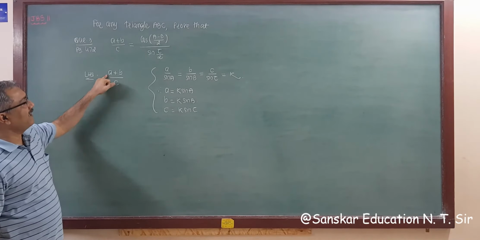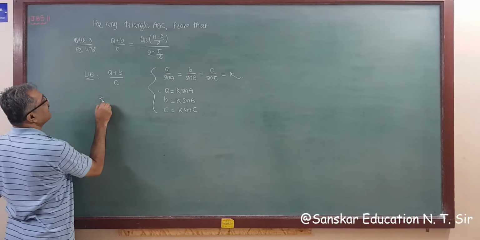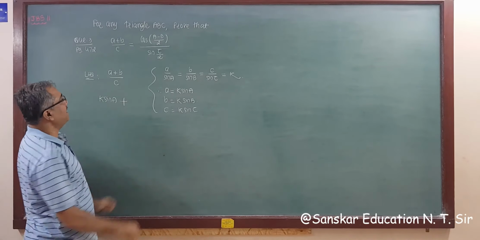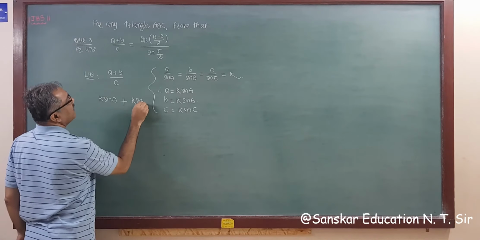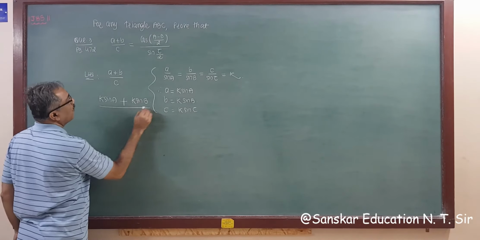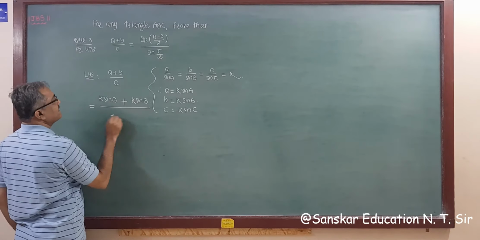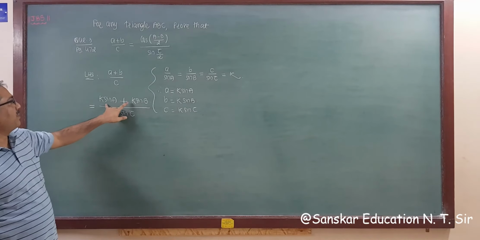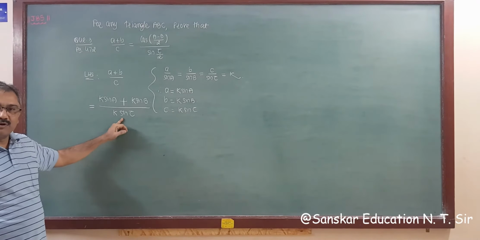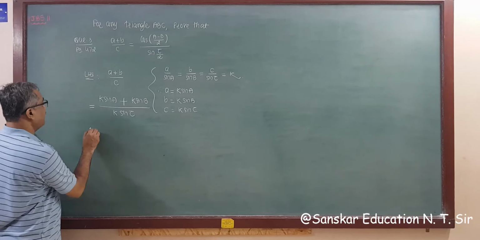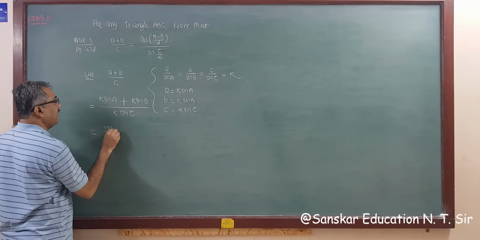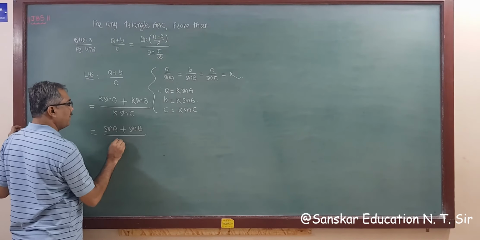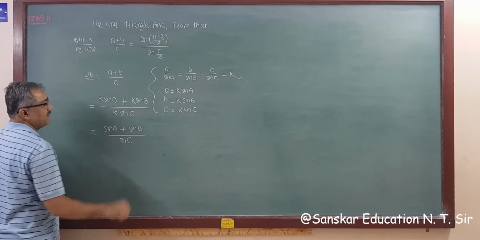So substituting, this is k sin A plus k sin B whole upon k sin C. Now k is common in numerator as well as denominator, so k will be cancelled. So remaining will be (sin A plus sin B) whole upon sin C.